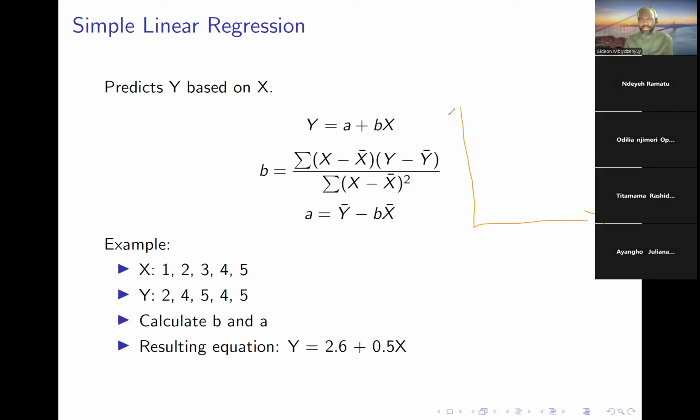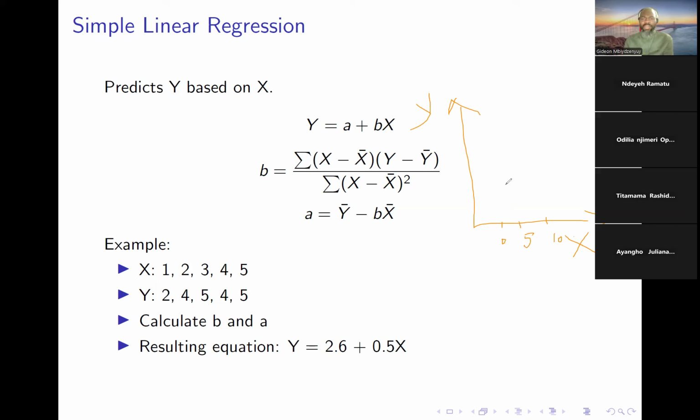Suppose you have two values, y and x. Suppose these are students and these are scores, right? You want to study the relationship between student scores, and then you say these are the ranges of scores, maybe 0, 5, 10, and so on.